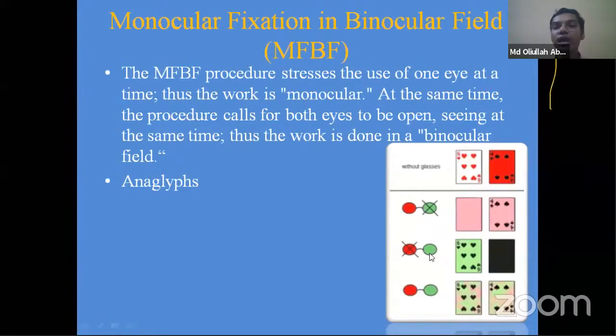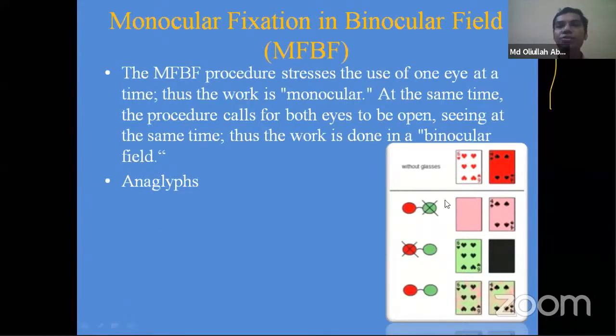Exactly opposite, when you are covering the right eye, or in this case the red filter, you can see the other card, and when both eyes are open, you can see both of them. So that means a similar target is projected in both eyes but has different color saturation based on the anaglyphs you are using, and the patient activity is happening which is binocular in nature.